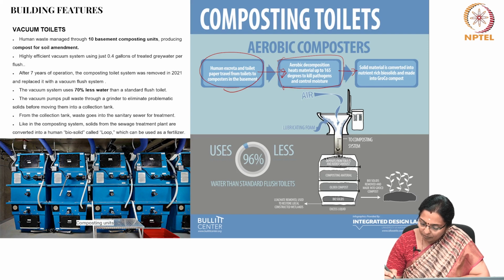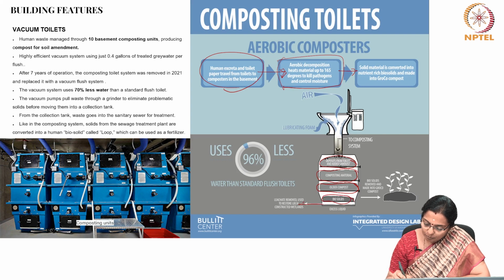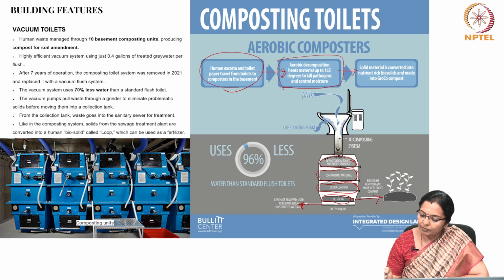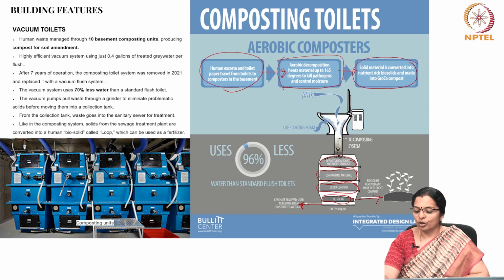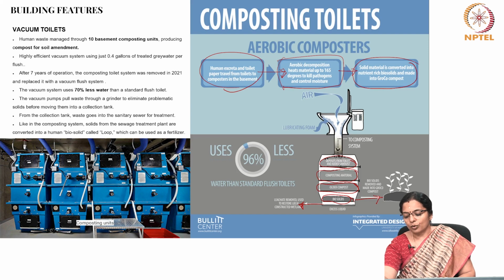What happens during that process is that deposits from toilets are added to sawdust, and then the composting material sits and becomes an older compost, becomes biosolid. The leachate is removed and is used to restore local constructed wetland, and the biosolids are removed and made into Grow Co compost. So, the solid material is composted into a nutrient-rich biosolid and made into Grow Co compost.